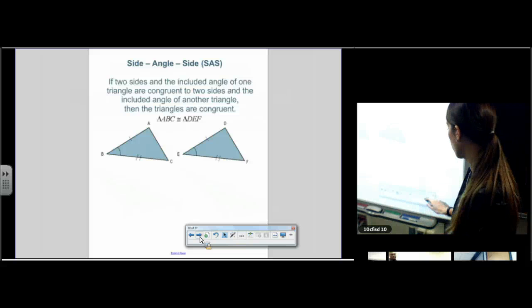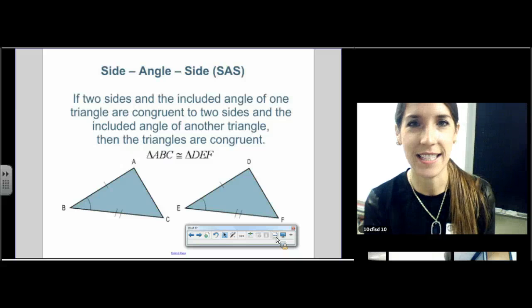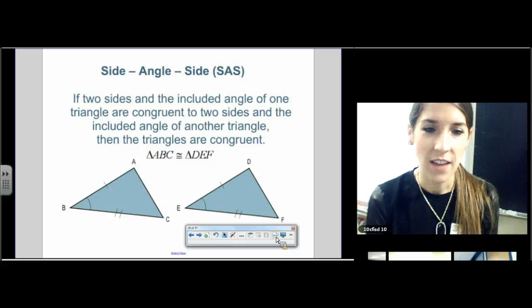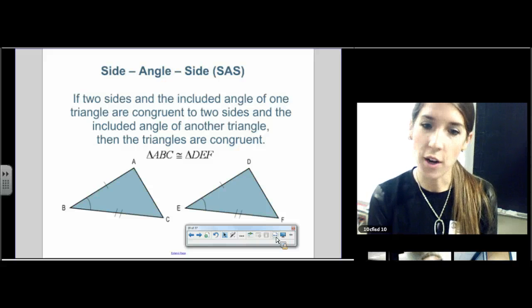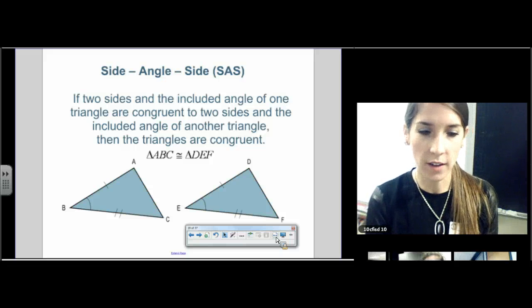Okay, the next one that works is, yes, you said it, it's the sassy postulate. SAS, side, angle, side. If 2 sides and the included angle of a triangle are congruent to 2 sides and the included angle of another, then the triangles are congruent.